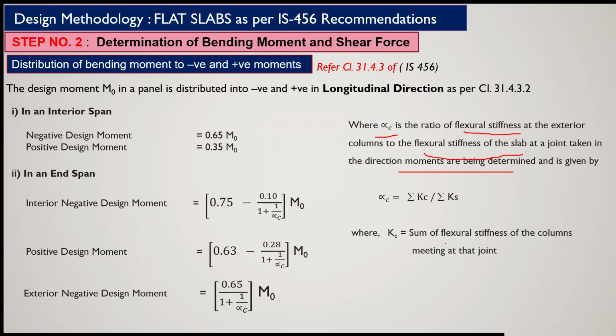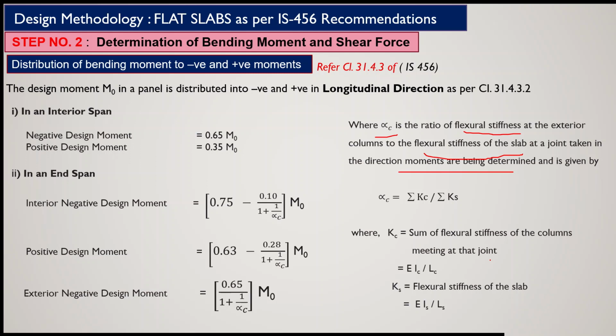Kc is the sum of flexural stiffness of the columns meeting at a joint, and we can use EI upon L. Then Ks is the flexural stiffness of the slab, given by EIs upon Ls.